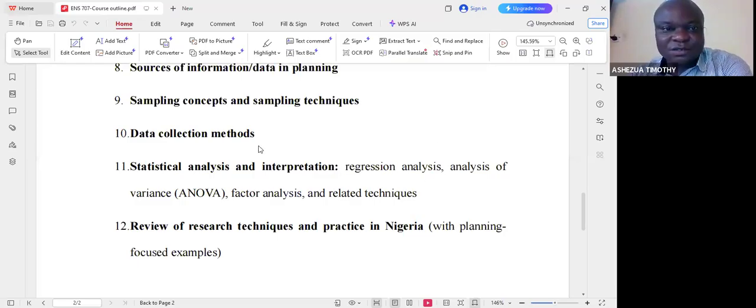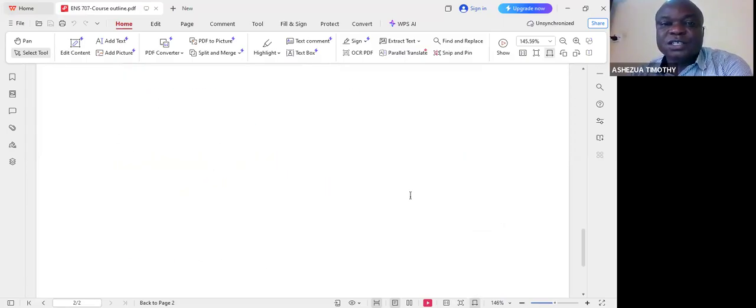And under this statistical analysis, we'll be looking at regression analysis, analysis of variance, factor analysis, and related techniques. Thereafter, we'll review all our research techniques and practice in Nigeria with planning case examples. So basically, that's what we'll be looking at.